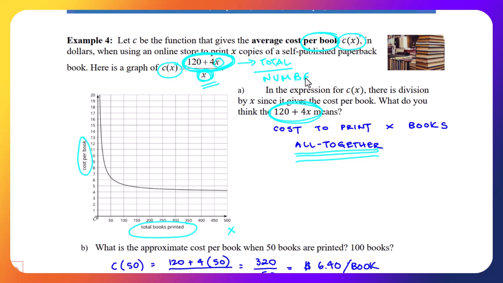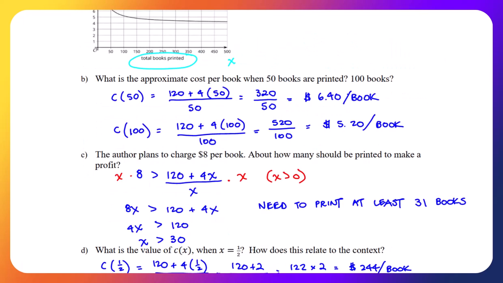Does that sound familiar? That's the average. If I replace x with 50, I'll get the cost per book for 50 books. If I replace the x by 100, I'll get the cost per book for 100 books.